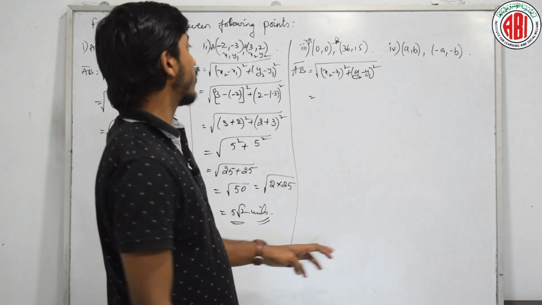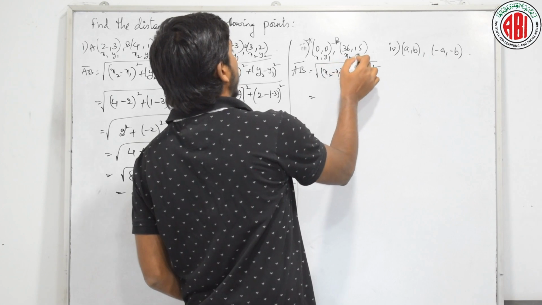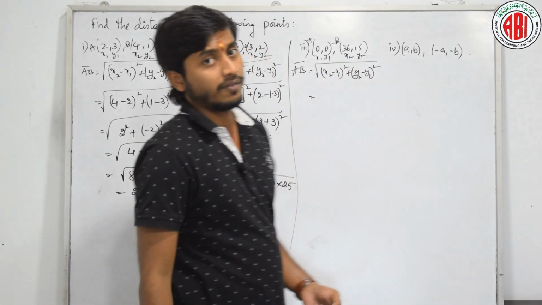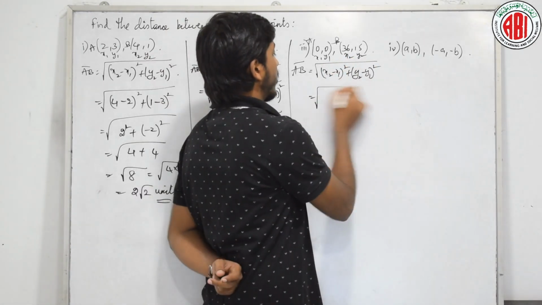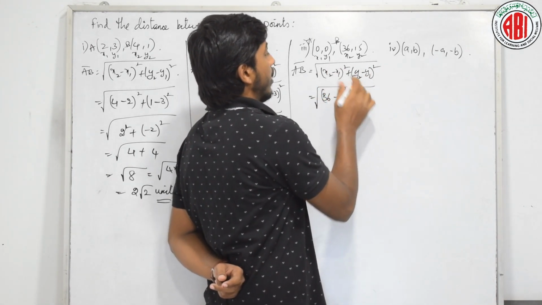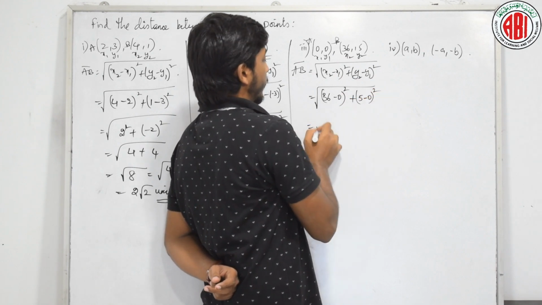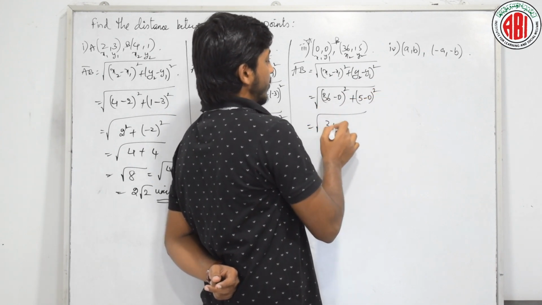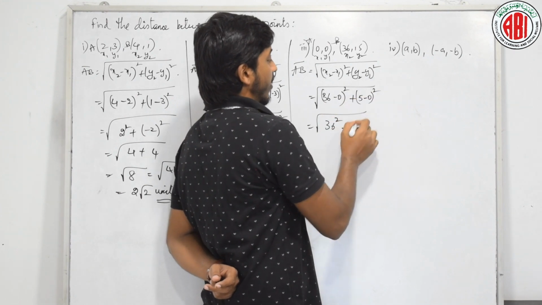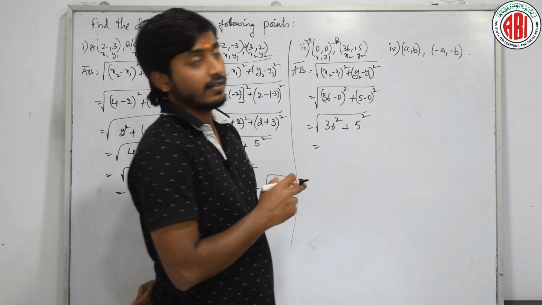Is it right? Again we will take this as x1 y1 and this as x2 y2. Let us substitute it here. x2 is 36 minus 0 whole square plus 5 minus 0 whole square. 36 minus 0 is 36 square, 5 minus 0 is 5 square. What is the square of 36? 1296, right?